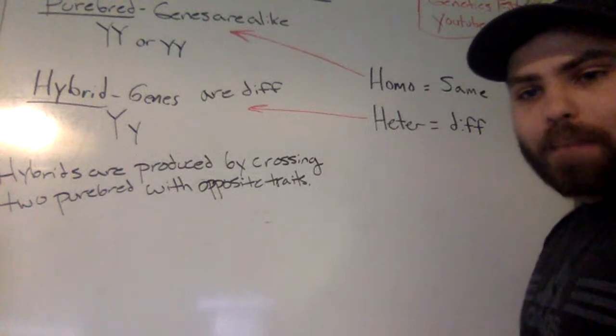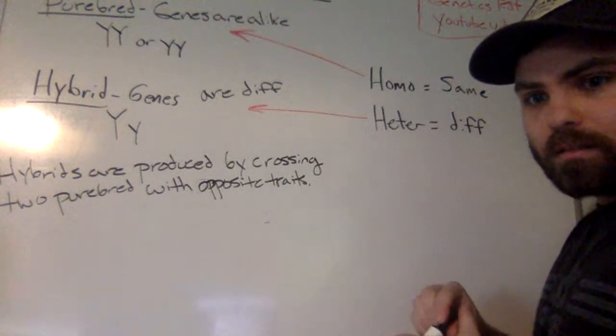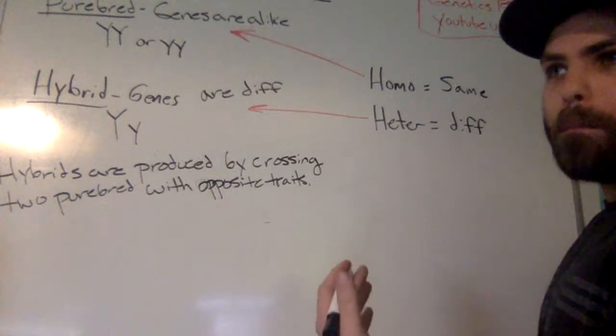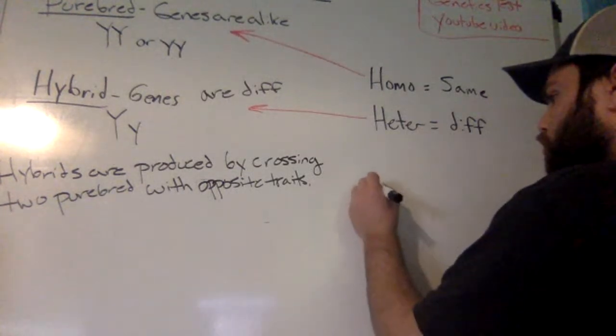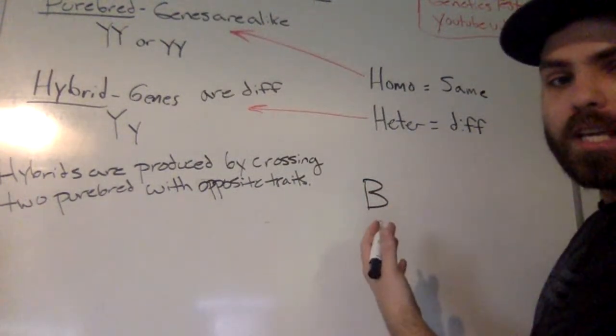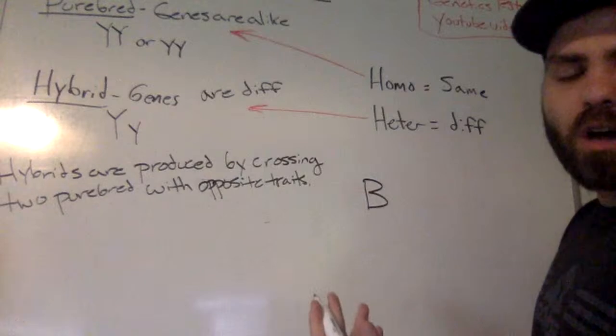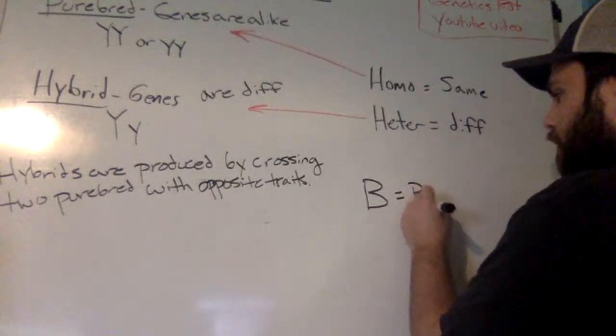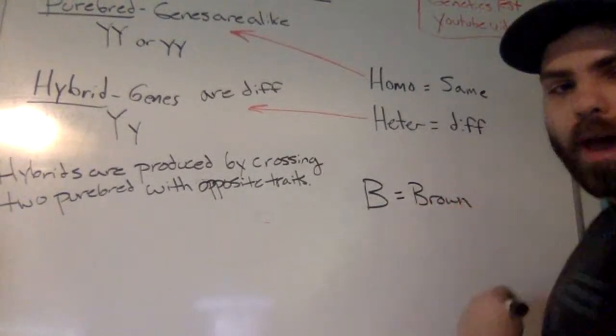So like our example before, we're going to talk about eyes, okay? So if you have a dominant gene, we're going to put B, okay? So our uppercase B is our dominant gene. If you have a dominant gene, what color eyes are you probably going to have? You're probably going to have brown, okay?